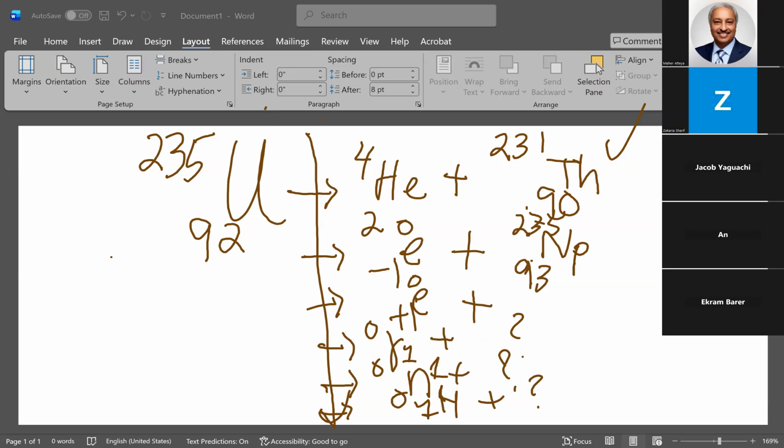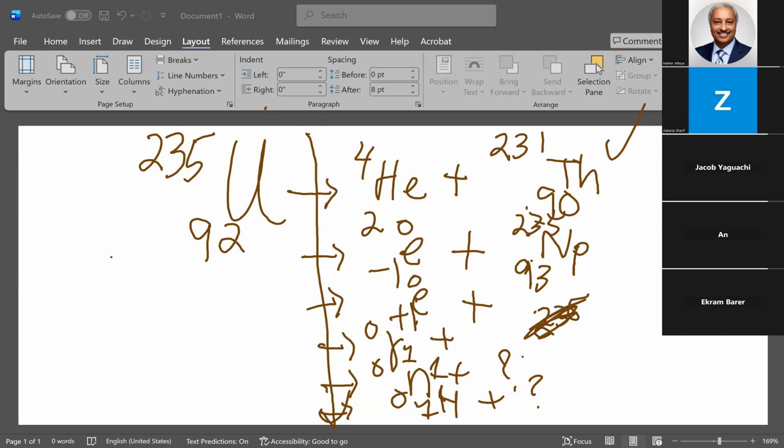So we take this one out too. What will it be, guys? The atomic mass is 0, so in the top it will still be 2, 3, 5, correct? But this is 1, so at the bottom it will be 91, correct? So 91 at the bottom.